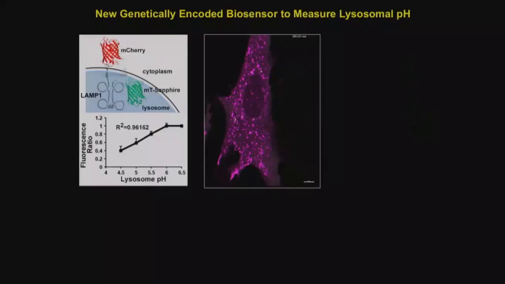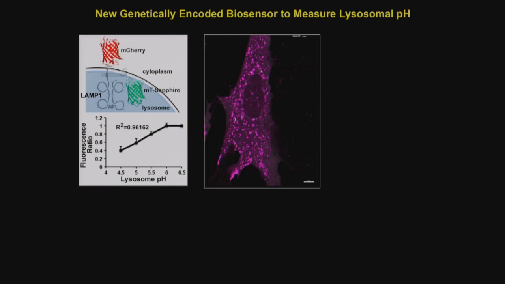So Brad Webb in our lab, who's developed several other biosensors, took LAMP1, which is only in lysosomes, and fused it at the cytosolic face with mCherry as a sort of ratiometric reference, and then at the luminal face with mT-Sapphire, which is a GFP variant with a very low pKa.